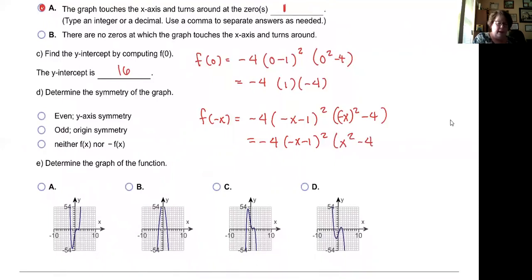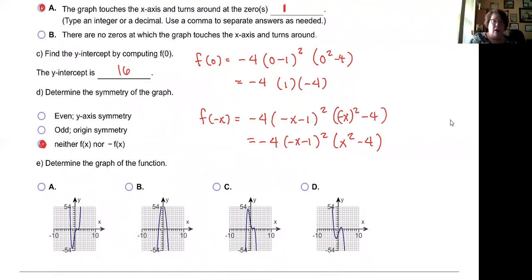And then I look at what I get when I've done this. And this is not the same function that I began with. So it does not have symmetry with respect to the y-axis. And it's not exactly the opposite of what I began with. So it does not have symmetry with respect to the origin. So the answer is neither.